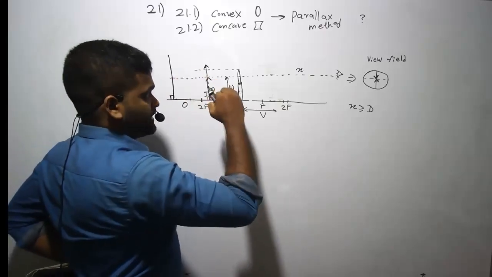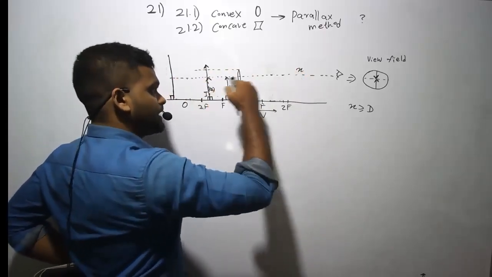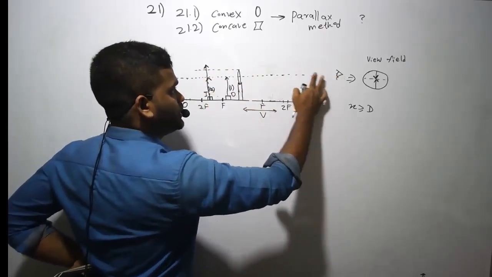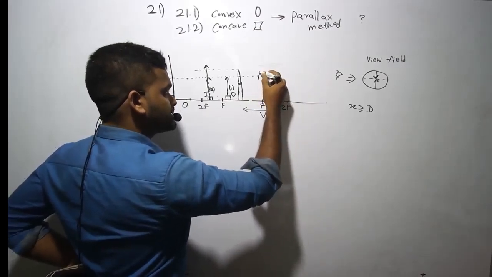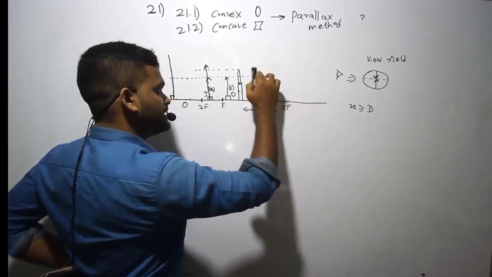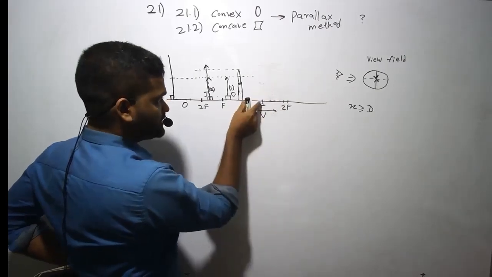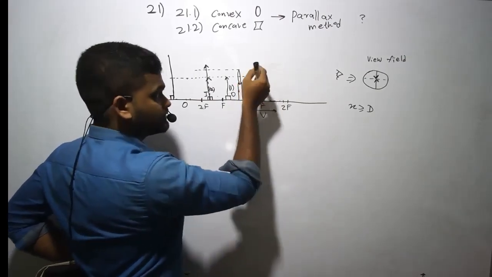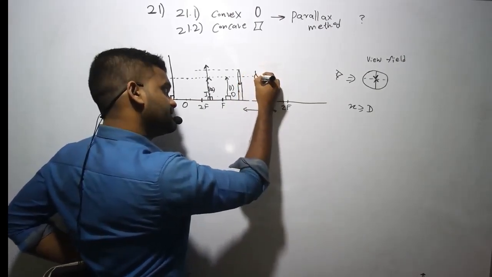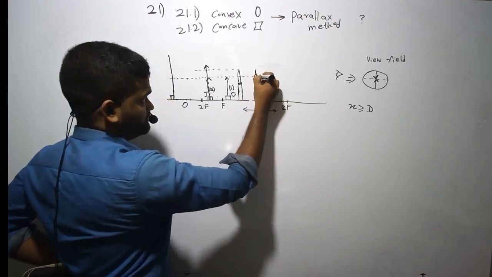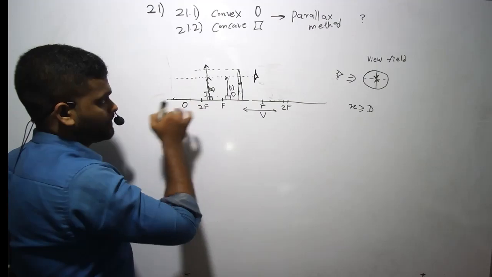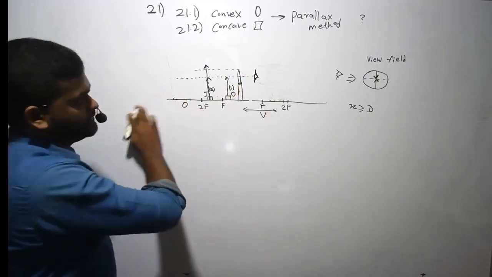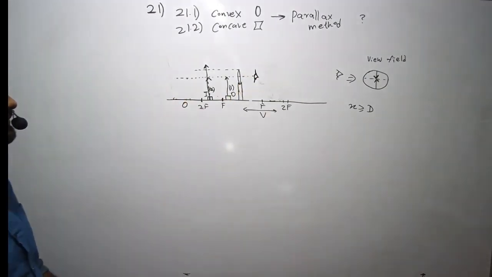In this part of the experiment, you have to place the eye very close to the lens. Actually, it should be in this region between the lens and the focal length. You have to place the eye here.